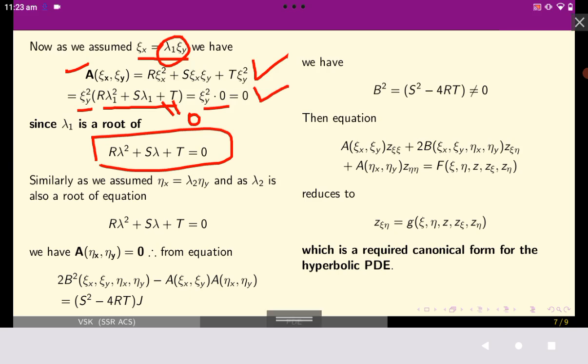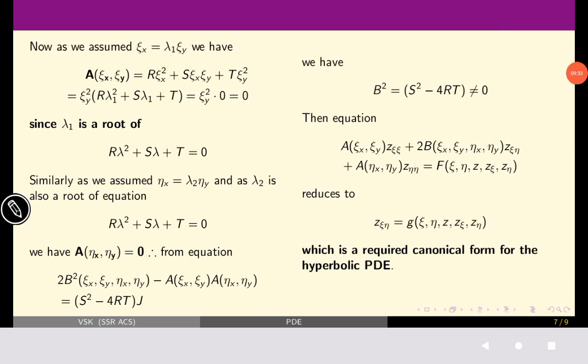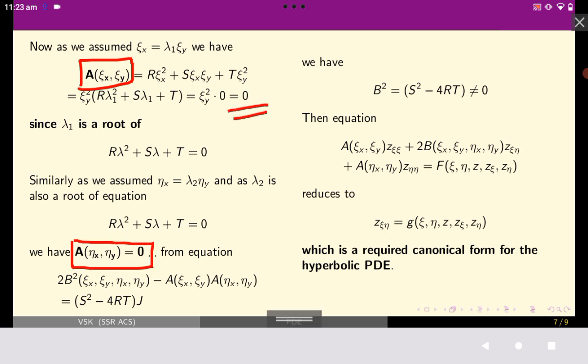Similarly, as we assumed that eta x is equal to lambda 2 eta y, and lambda 2 is a root of this, we have this a into eta x, eta y is equal to 0. So keep in mind that this is equal to 0 and this is also equal to 0.